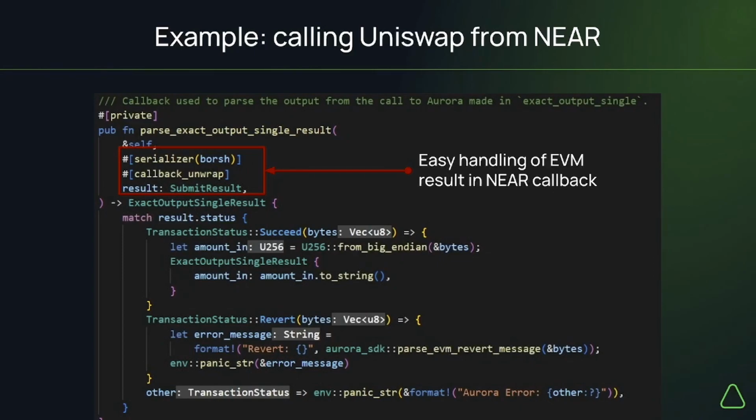That SubmitResult type that you see there is defined in the Rust library coming out of the Aurora contracts SDK. And you can see here it has a status field that'll tell you whether the result was successful or not. And then if it was, we can re-encode it into a lovely JSON output for our Near users. And if it wasn't successful, we can make an error message.